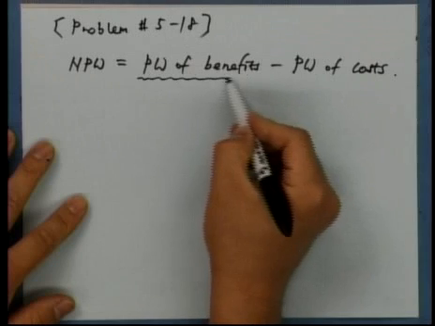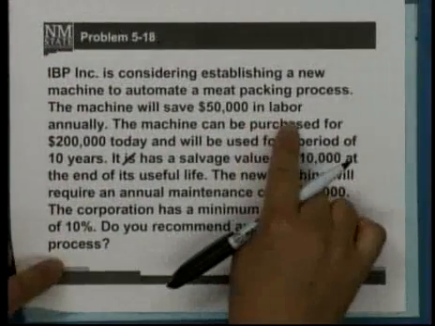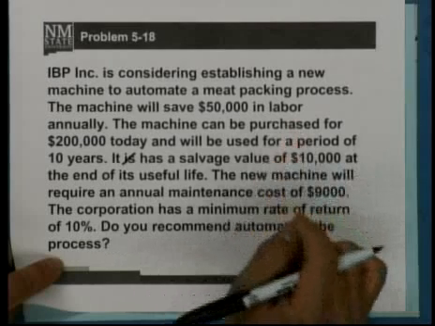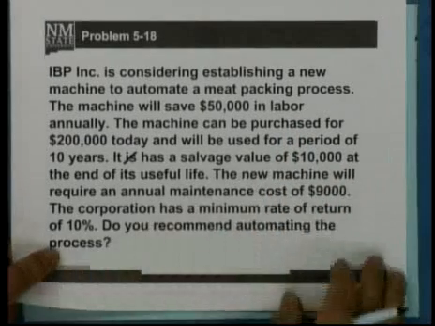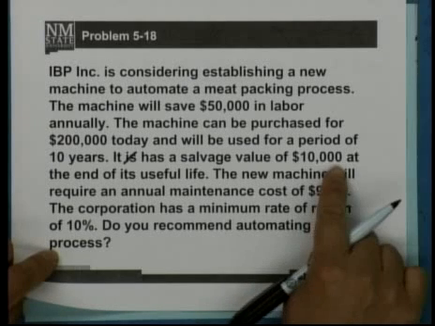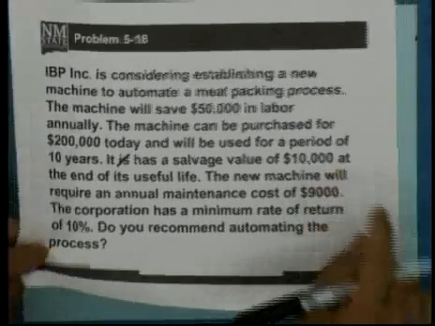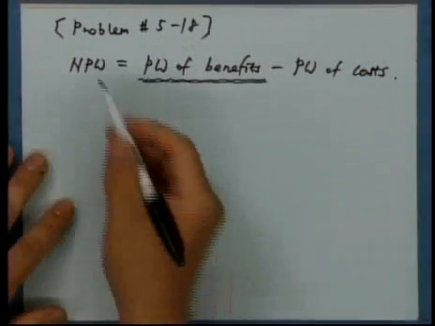So how do you get the present worth of benefit? The machine will save $50,000 in labor annually, and for the next 10 years, right? And at the end of its useful life, the service value is how much? It's $10,000. So all of those are the benefits.